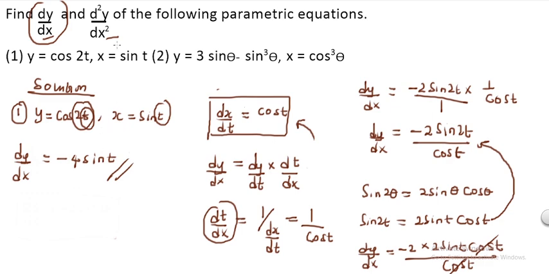The next thing we are asked to find is the second derivative of the parametric equation. Before I clean up space, there is something of note that I want to pick out. The dt/dx that we got here is 1 over cos t. Let me write it here, dt/dx.